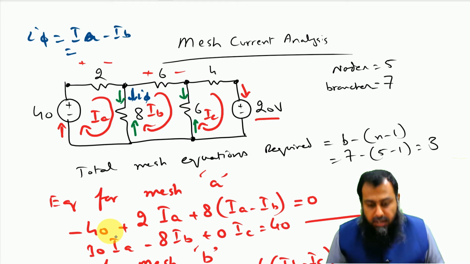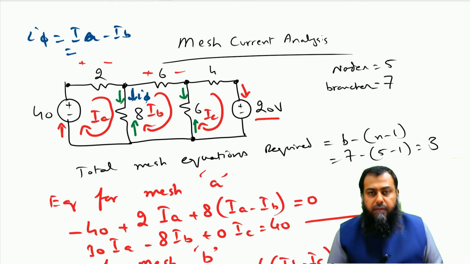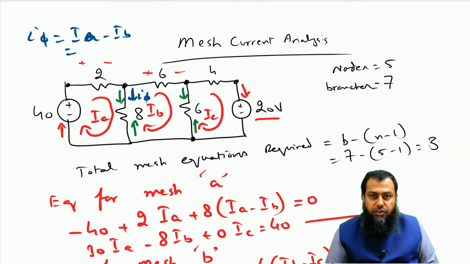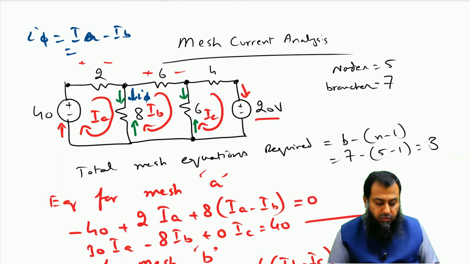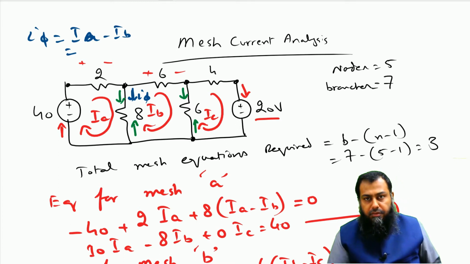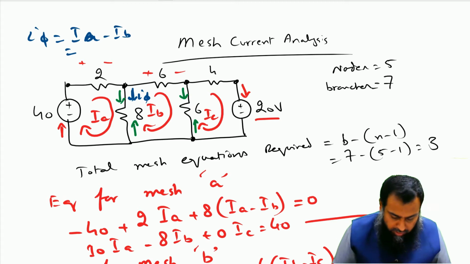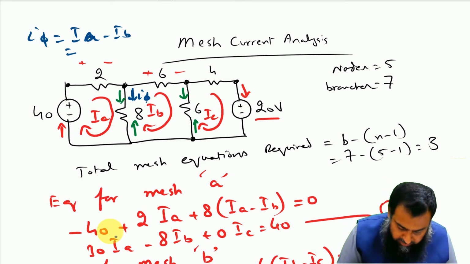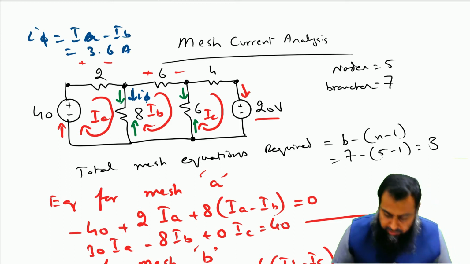The other two are actually mesh currents, and a mesh current is the actual element current only where there is no shared current with it. With this 8 ohm resistance, IB is sharing it, so their difference constitutes the actual current through it. So I phi is equal to IA minus IB, and that is equal to 3.6 ampere.